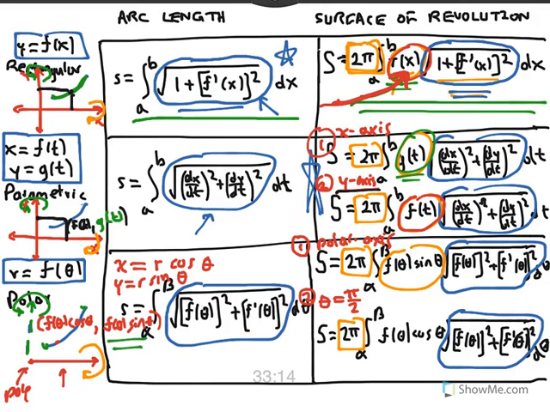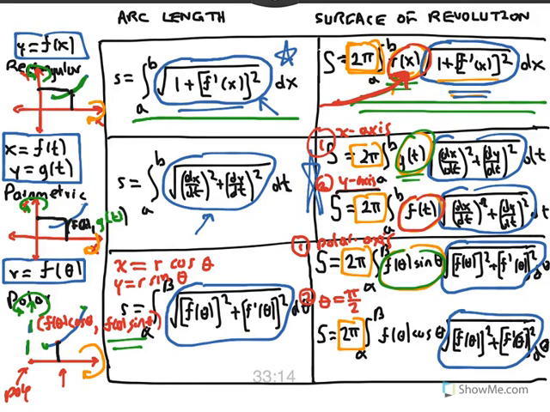R is f of theta times sine theta. So f of theta times sine theta, what is that? That would be the y coordinate if we were doing rectangular coordinates. And that would tell us the distance a point on the curve is from the x-axis or the polar axis.